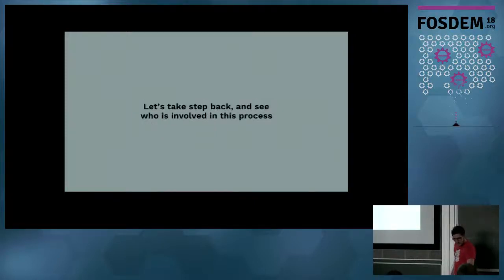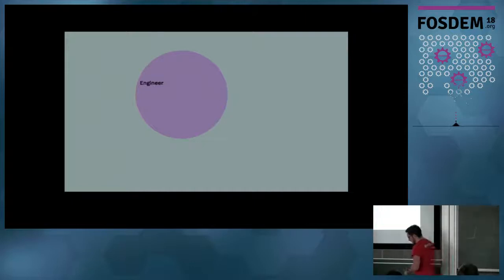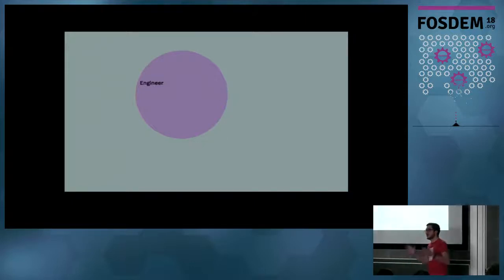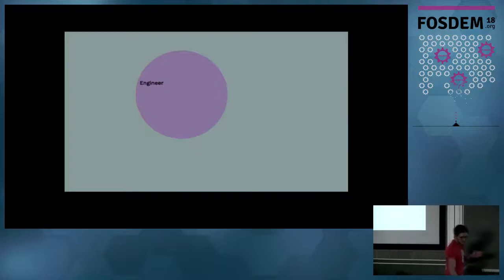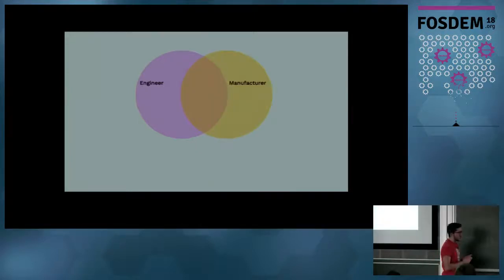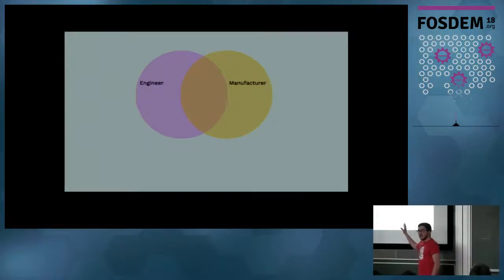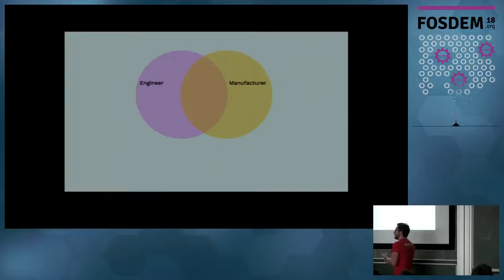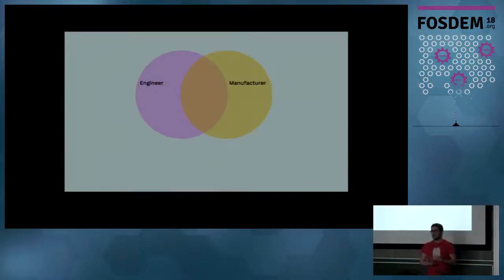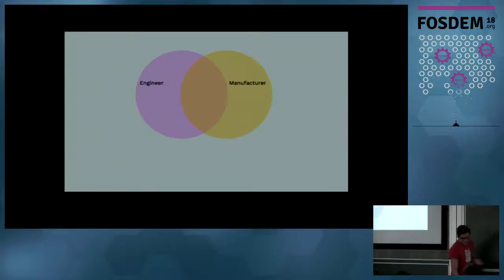Something more theoretical. We have us as the engineer drawing our electronic components. Then there is the manufacturer. Manufacturer in this case can be a PCB manufacturer, assembly factory, or even part distribution. This is something which is necessary in every electronic design.